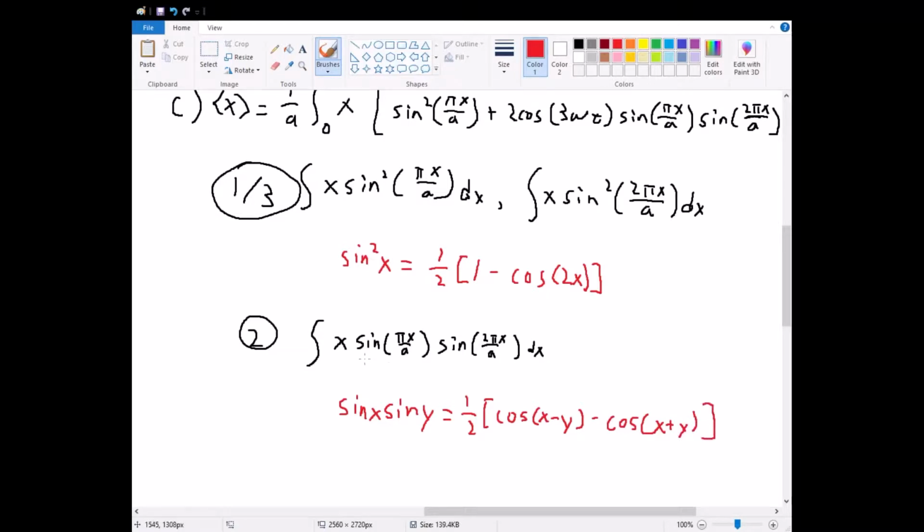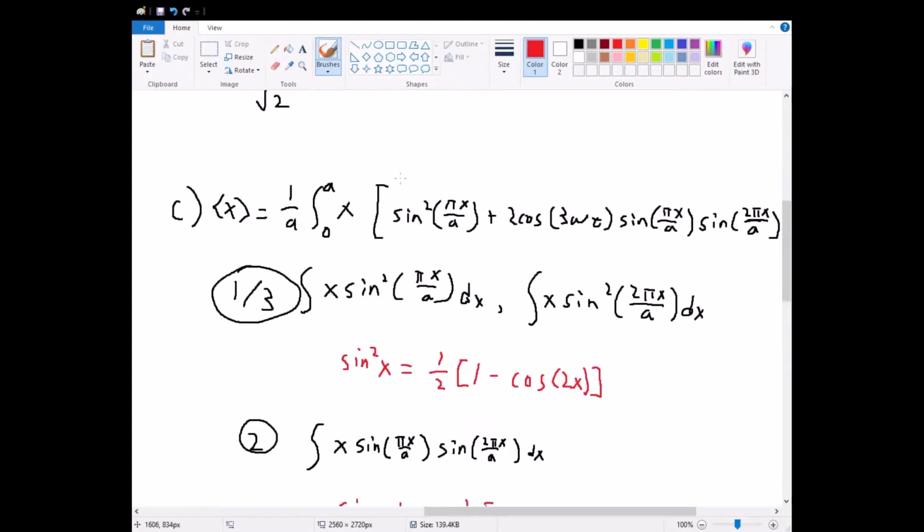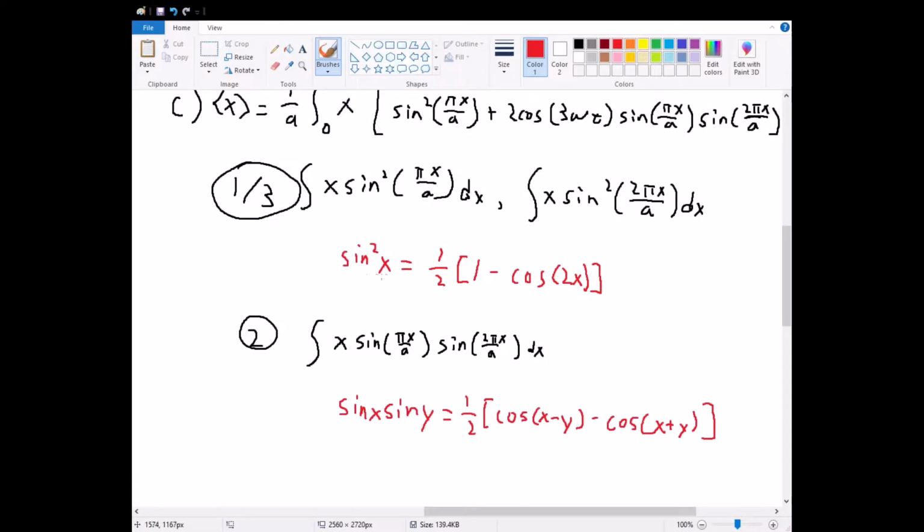And if we do this, then x distributes to each of these terms, and then we can solve this by using 2 integration by parts on each of the component integrals. So the final count is that this integral dissolves into 10 component integrals.